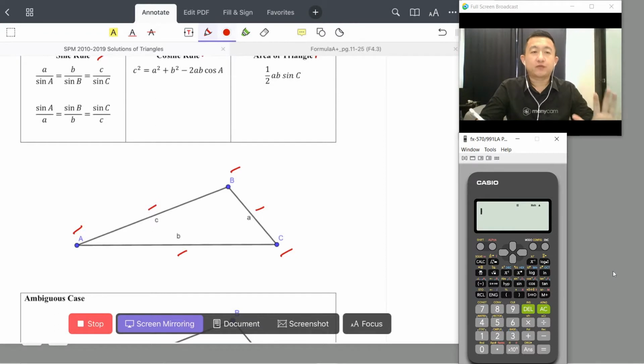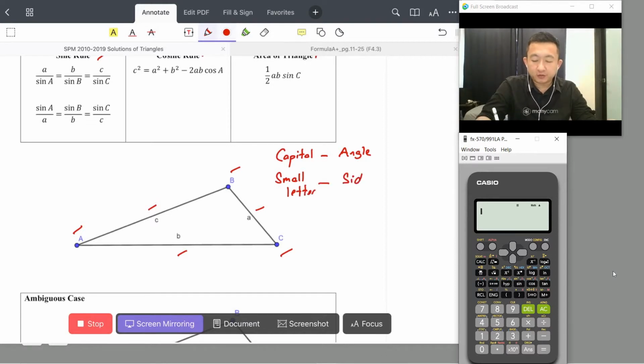So first you have to be clear that the capital letter is used to represent what? The angle, right? And the small letter goes for the side of the triangle. Now this one must be clear. For instance, if this is your angle A, opposite of this angle you have the side a, small letter.